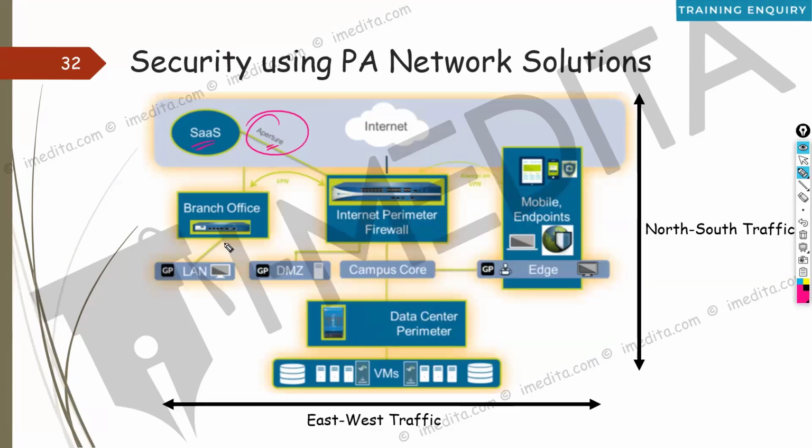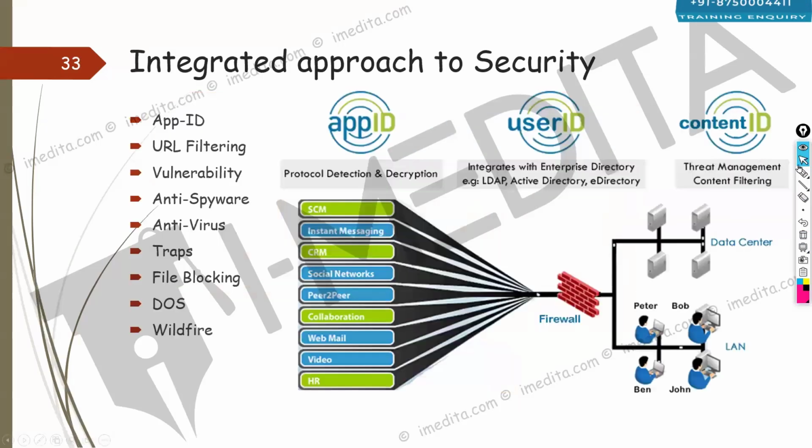For your branch, you can use a branch firewall. For your headquarter, an internet perimeter firewall. For your endpoints, GlobalProtect. To protect your data center, a data center perimeter firewall. For your virtual machine, virtual firewalls. Clear?